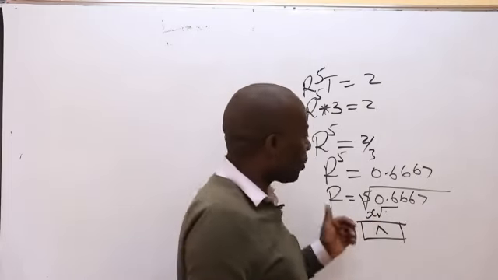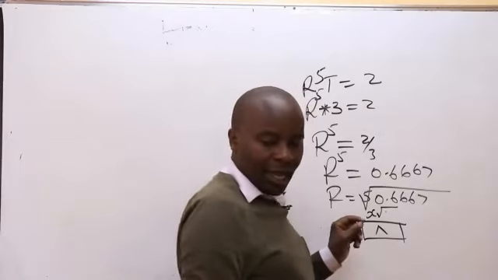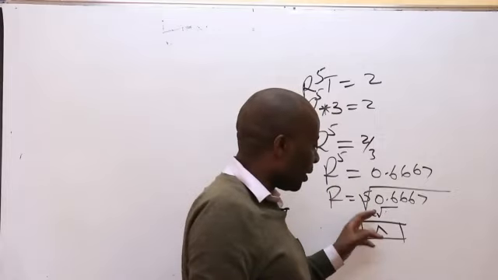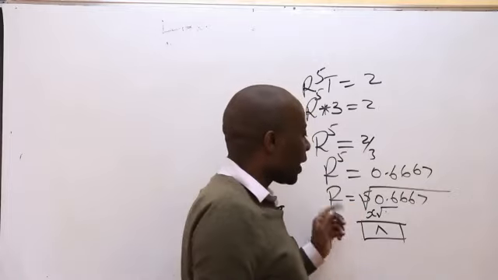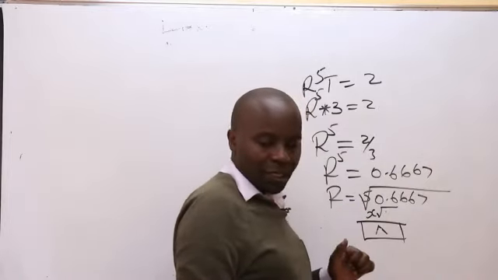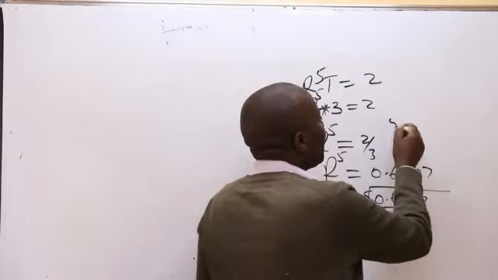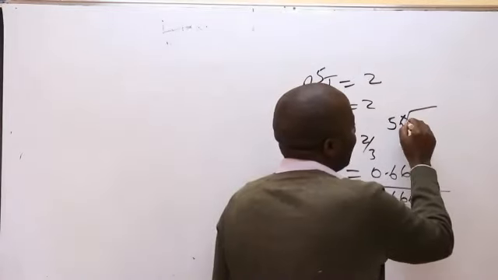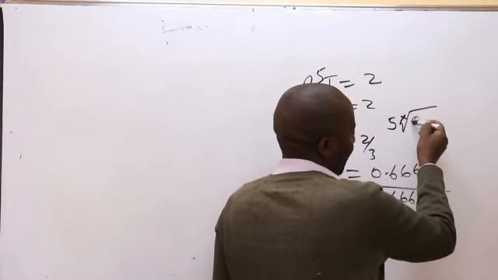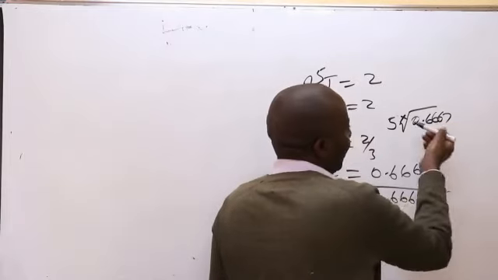So what you need to do first of all is to punch the 5. And then because this is written in yellow color, you'll have to say shift. So 5 shift, you press this. So on your screen there, you will see fifth X root. 0.6667, and then you say equals.